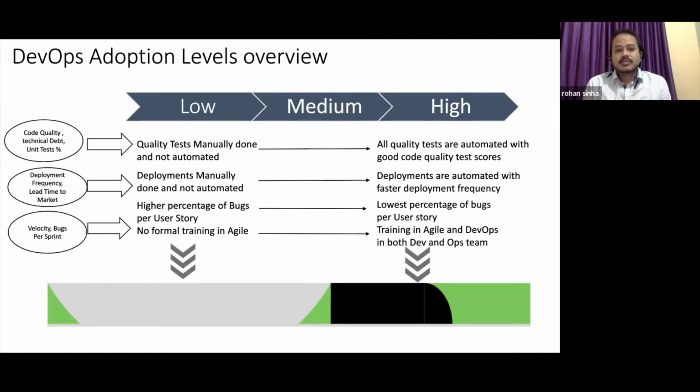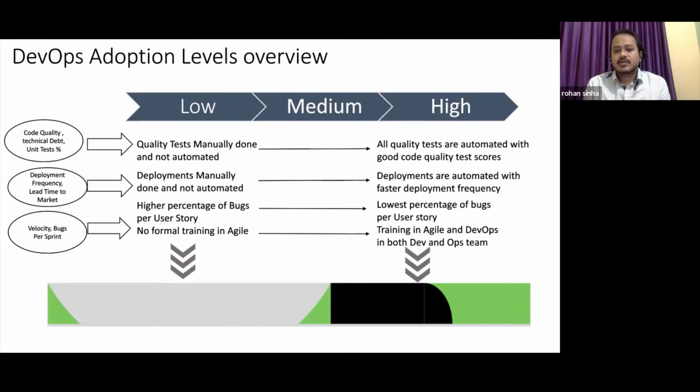So, for example, when we say quality tests are done manually for an application and are not automated, it automatically means that they have a lot of failures and toil, due to which completing the application development might take a longer time.